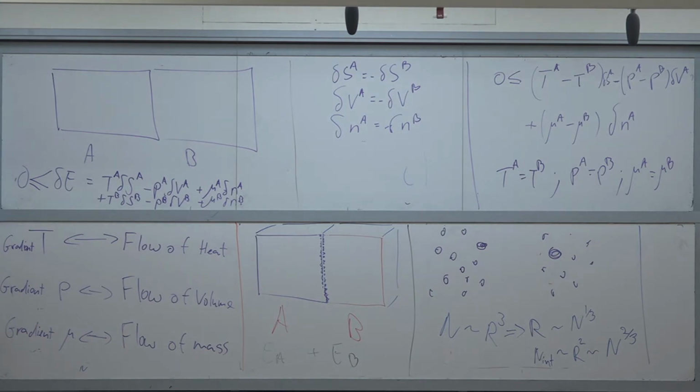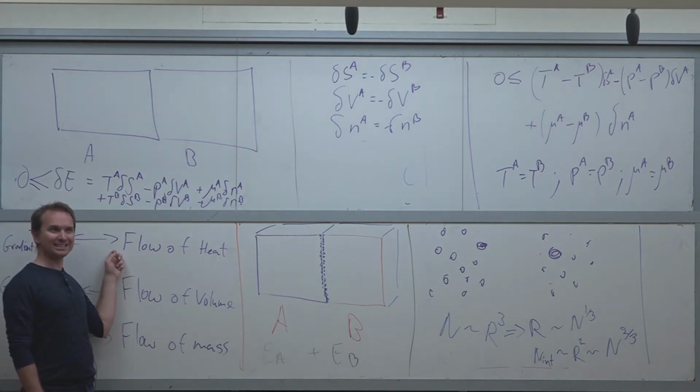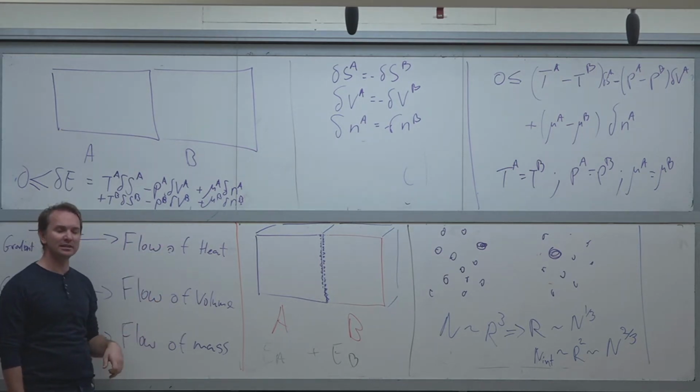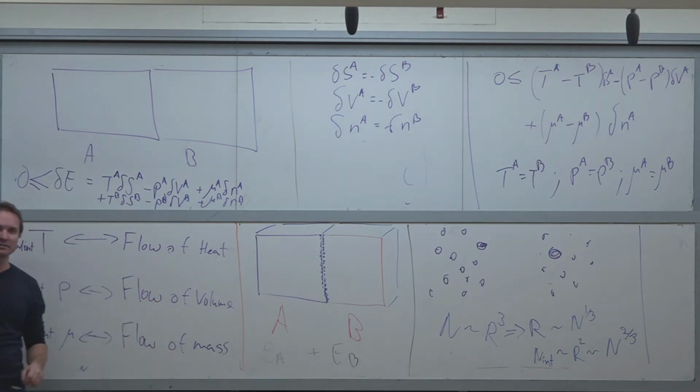So what we see is that gradients in temperature, pressure, and chemical potential impose flow of extensive quantities. Heat is an extensive quantity. Volume is an extensive quantity. Mass is an extensive quantity.